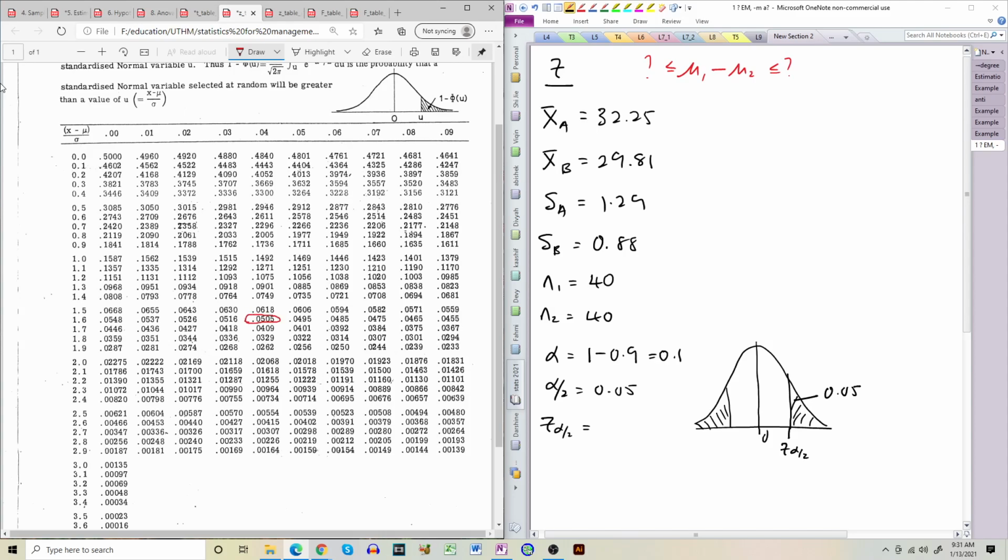You can take either this one or this one. I'm taking this one, you can also take the other, but I'm used to it. I get 1.65. I write here 1.65 or 1.64. You can also take 1.64. I prefer this one, my preference. You may have your own preference.